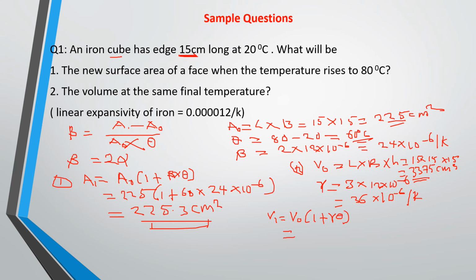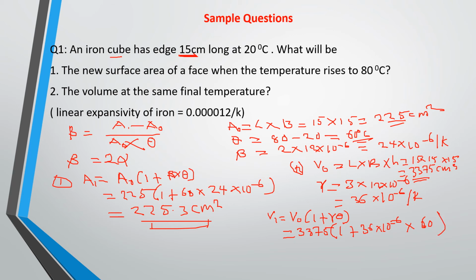Okay, so that gives us VO is 3375 bracket 1 plus your cubic expansivity times your change in temperature, which is 60.